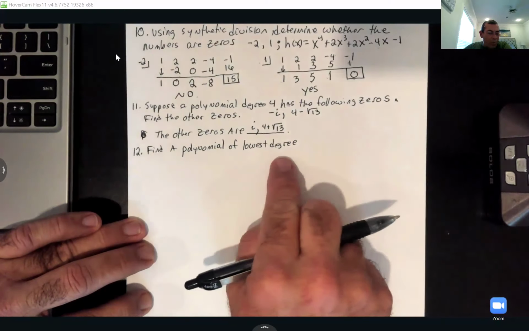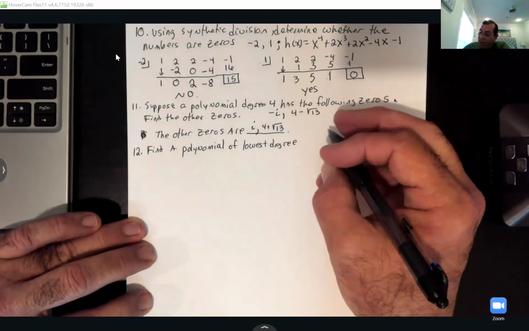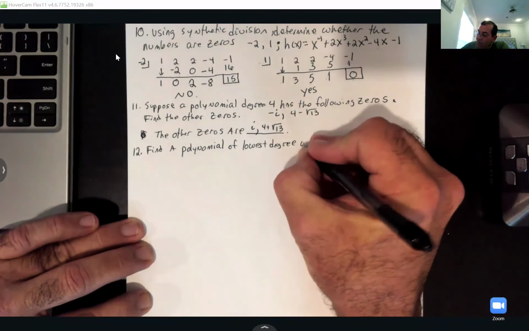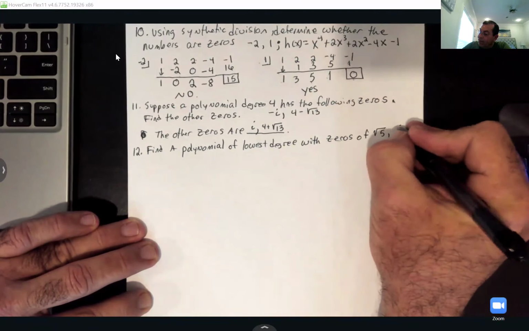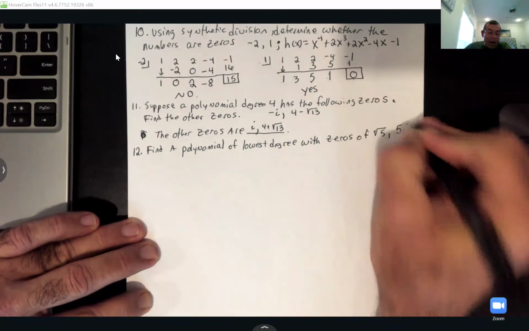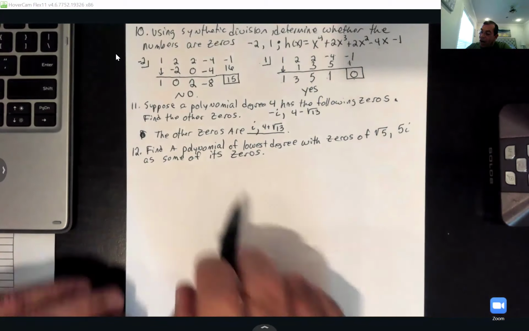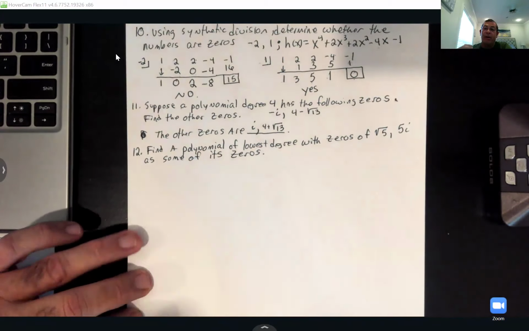So find the polynomial of lowest degree with zeros of square root of 5 and 5i as some of its zeros. So they gave me 2, but that ain't all of them. They said that was some of the zeros.